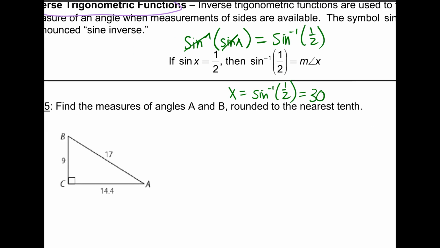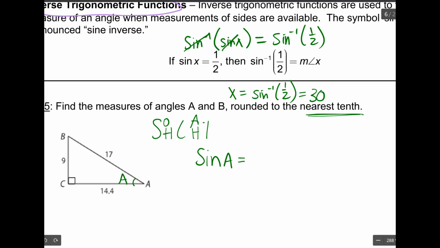Alright, so we still have a minute, so we can do example 5. Find the measures of angle A and B rounded to the nearest tenth. So if I wanted to do sine of angle A, how would I go about this? Sine is opposite over hypotenuse. So 9 over 17. And then I need to do sine inverse on both sides.